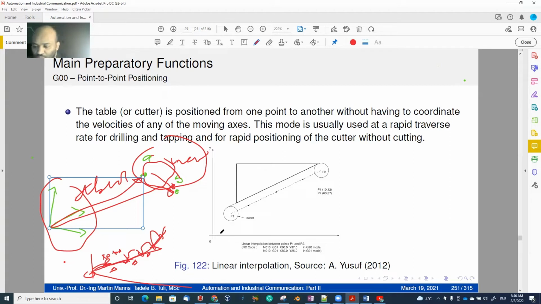The other is the compensator. Tool compensation means that when you have a milling operation, you have a tool which has some radius. The tool itself is circular and it has a radius.